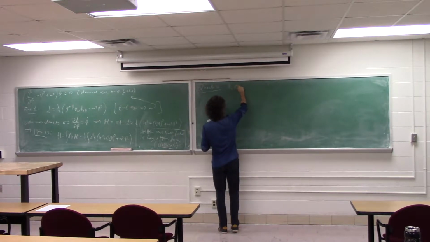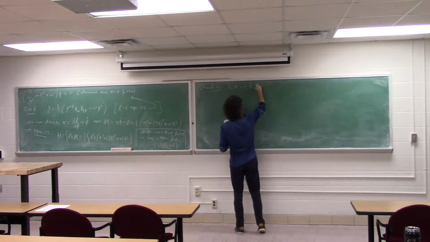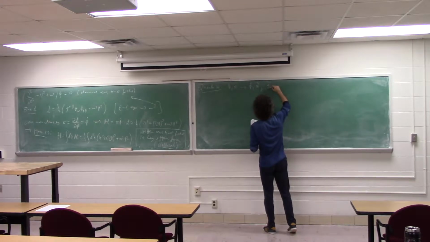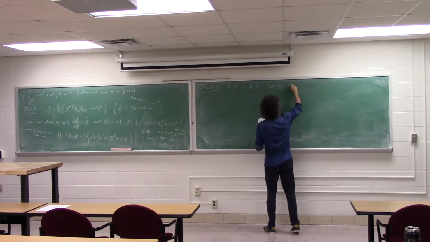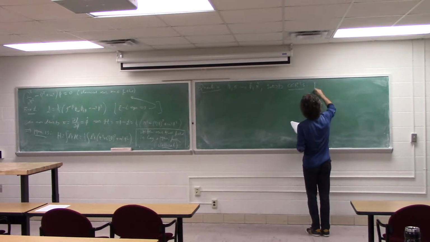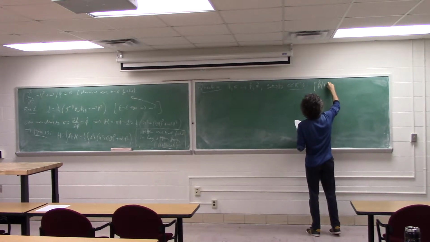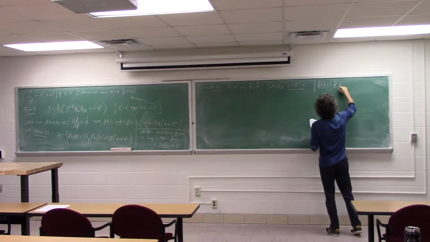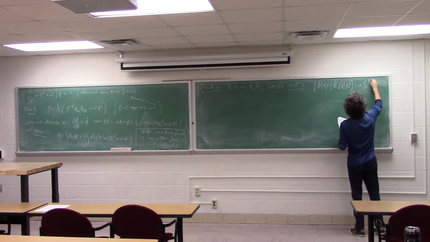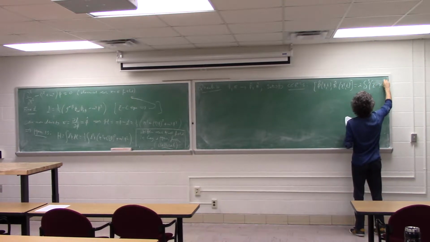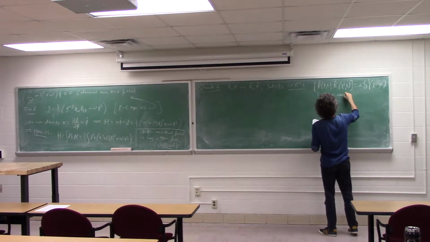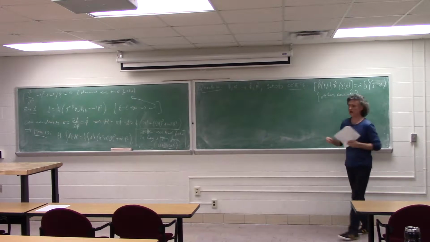So the fields and the canonical momenta become operators satisfying the canonical commutation relations. The commutator of phi hat(x,t) and pi hat(x',t) equals i delta3(x minus x'). And instead of writing etc., let me say the others commute.